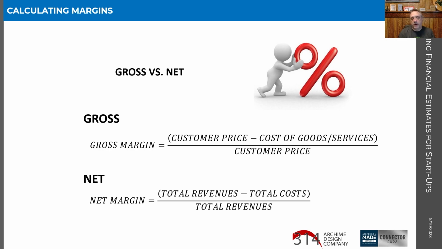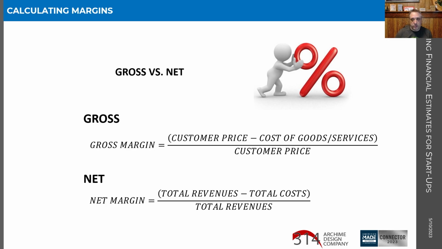The thing I want to talk about here is margins, and gross margins versus net margins. You can even put in here, if you want, product margin, which I think maybe is in the spreadsheet so you can see it. Basically, gross margin is whatever you're selling your product to your customer for minus your cost of those goods or services that you want to account for.